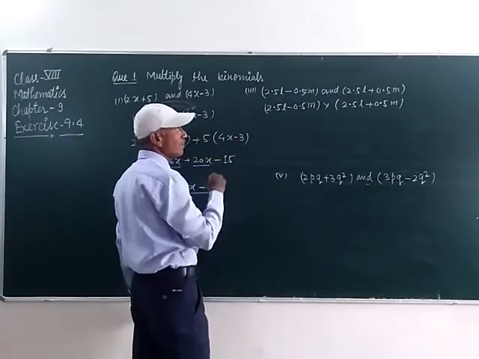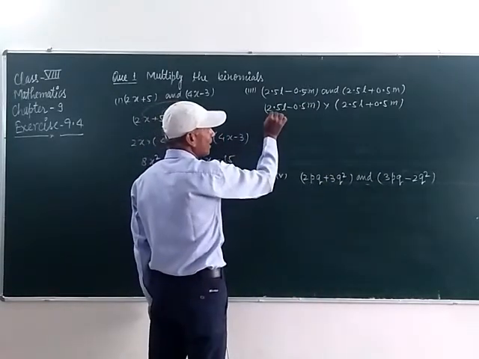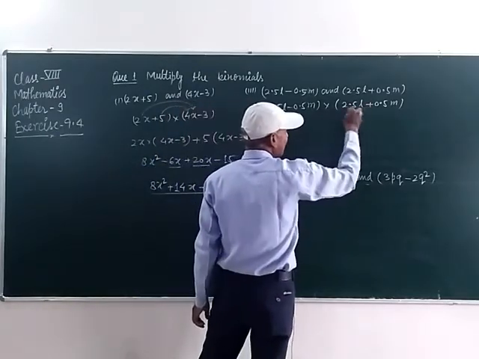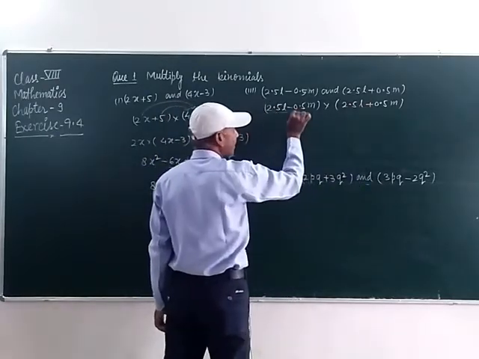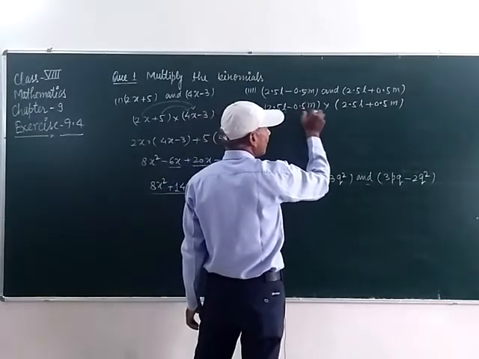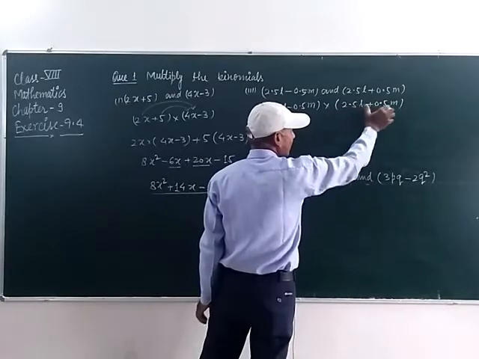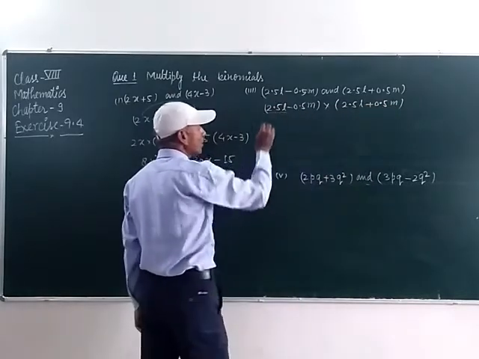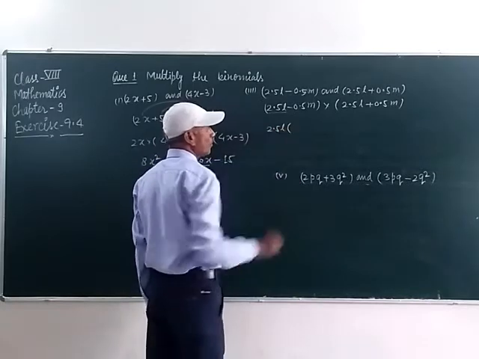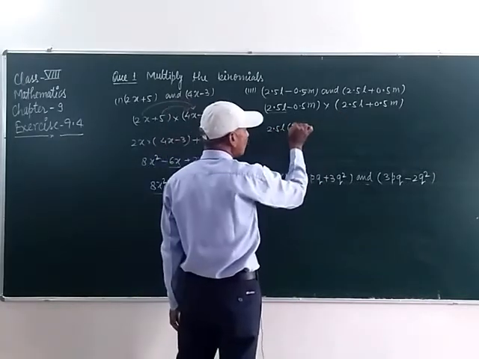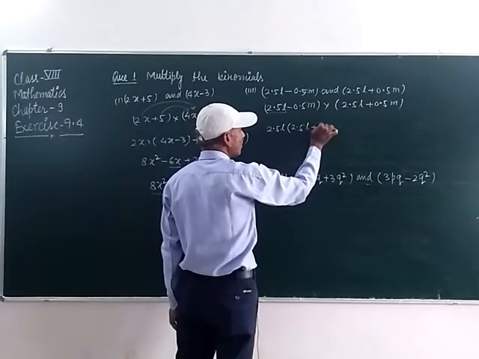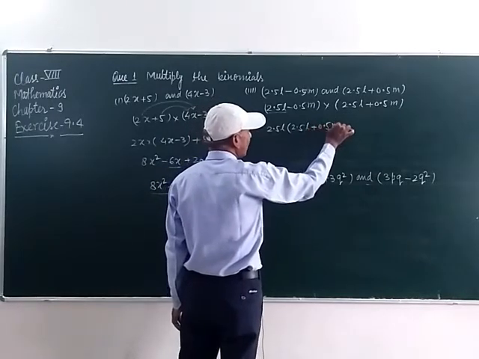Now in the next step we have to multiply this 2.5L with the numbers in the bracket, and after that we have to multiply this 0.5M with the numbers in the bracket. So this one, 2.5L into 2.5L plus 0.5M.